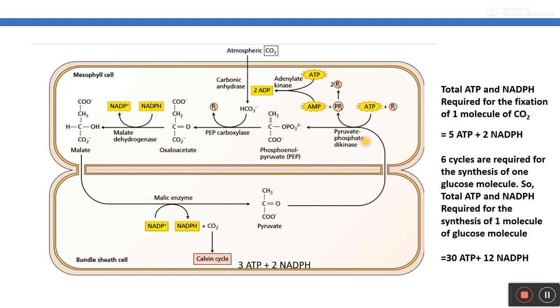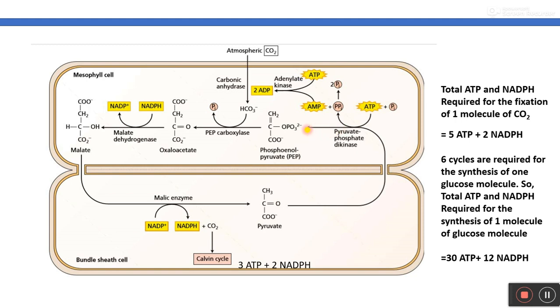Now the question comes: how many total ATP and NADPH are required for the fixation of one molecule of CO2? From the Calvin cycle, you know that 3 ATP and 2 NADPH are required for the fixation of one molecule of CO2. And here the fixation of CO2 takes place twice, right?